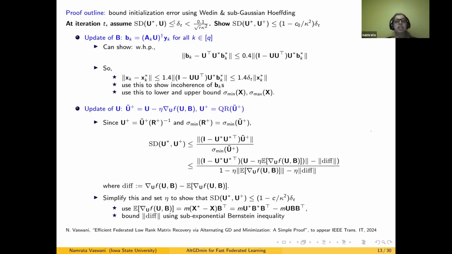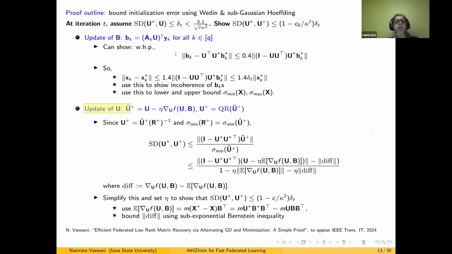At iteration t, you assume the error is below delta_t, less than 1 and small enough, and show that at the next iteration the error is a multiplicative constant times delta_t. So you're showing exponential error decay. To do this, you're doing two steps: analyzing the update of B first, and then using that to analyze the update of U.